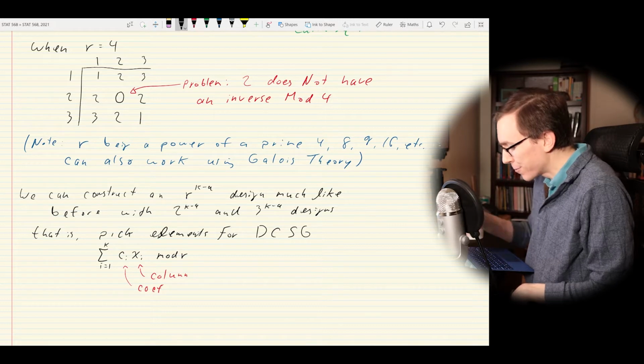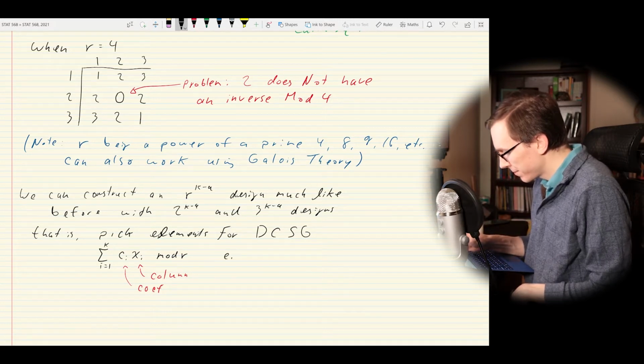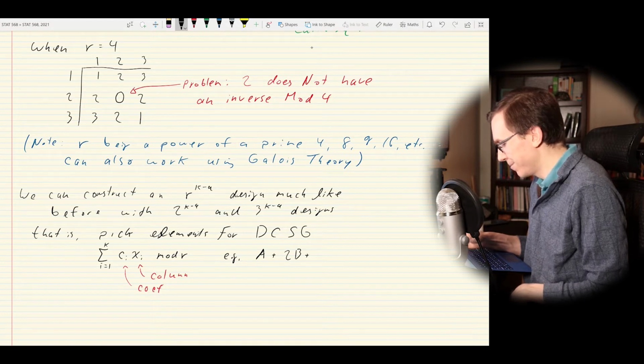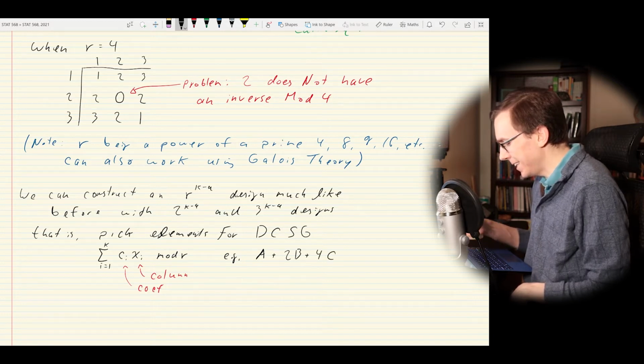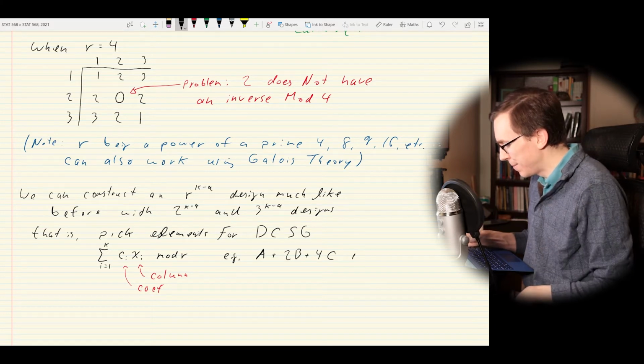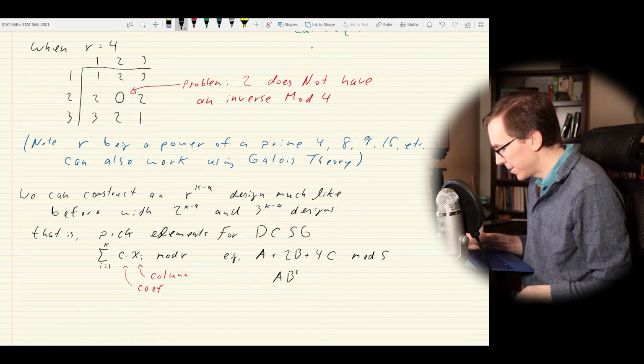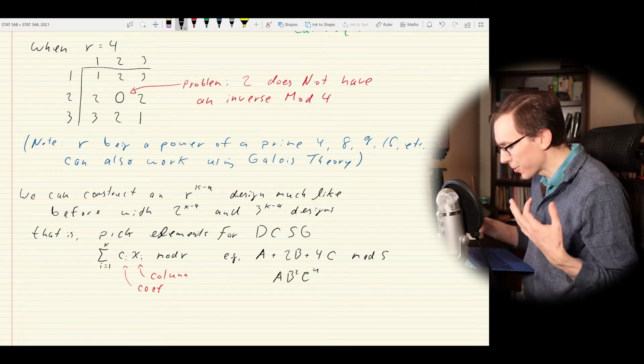So for example, we could have something like factor A plus 2B plus, I don't know, 4C or something like that, mod 5. So this would be like an A, B to the 2, C to the 4 interaction term.